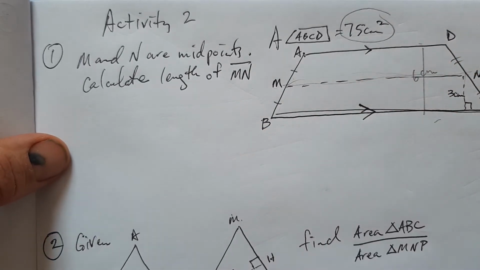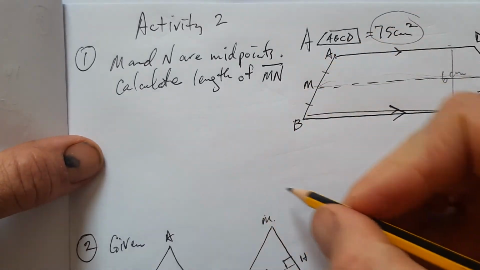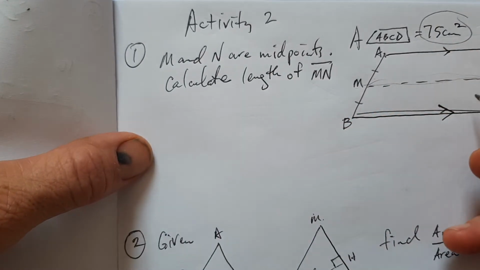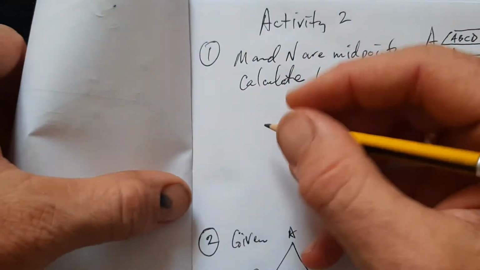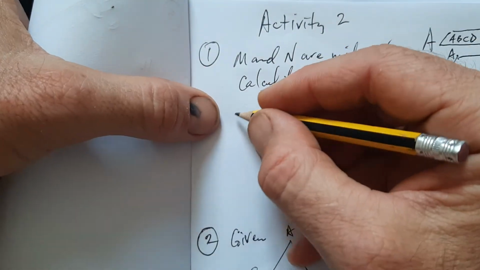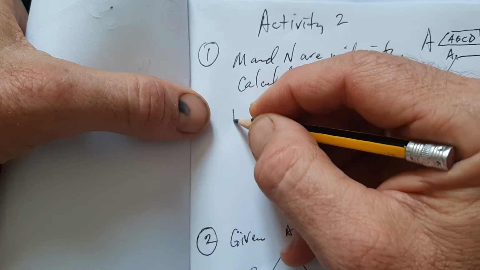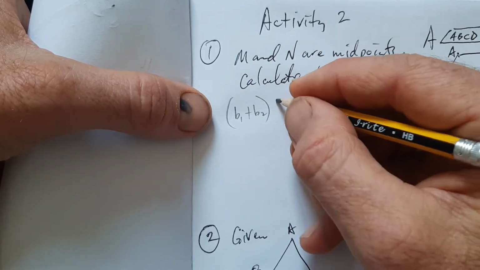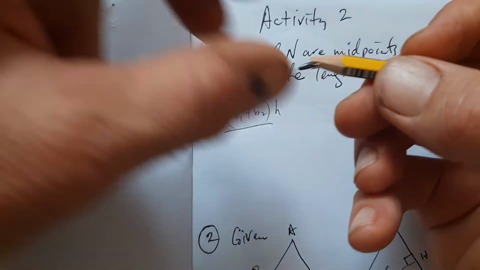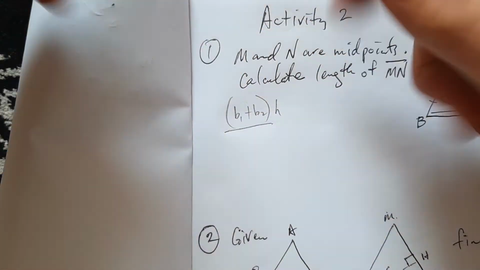So let's go ahead and write, what's the formula for the area of the trapezoid? Area of a trapezoid is base 1 plus base 2 times the height divided by 2.